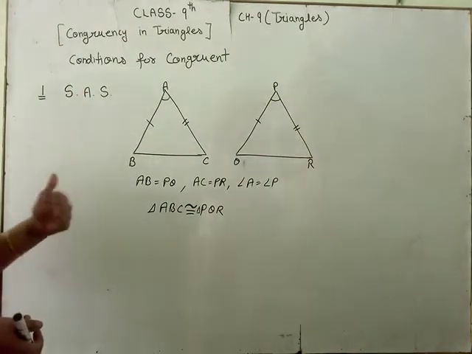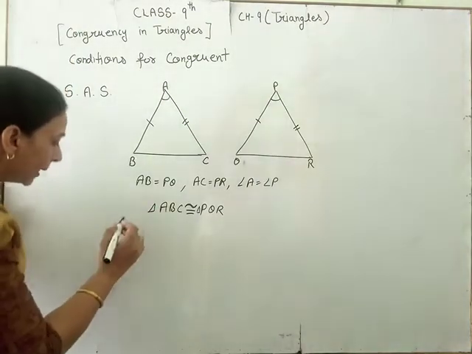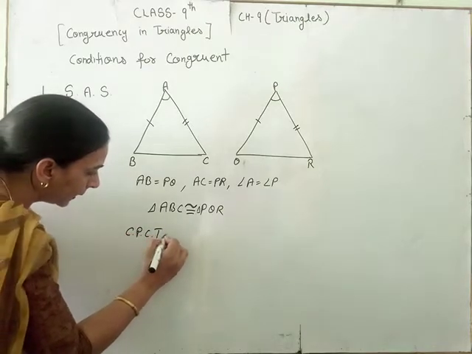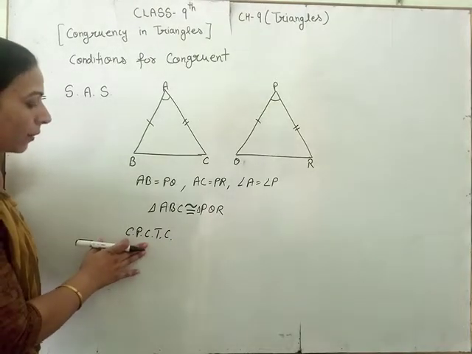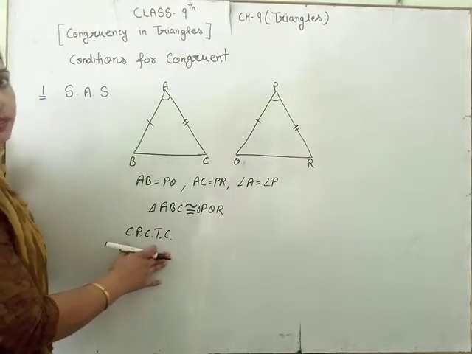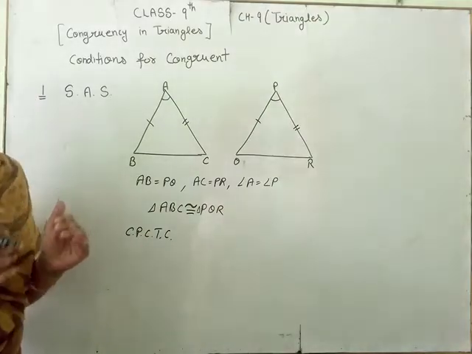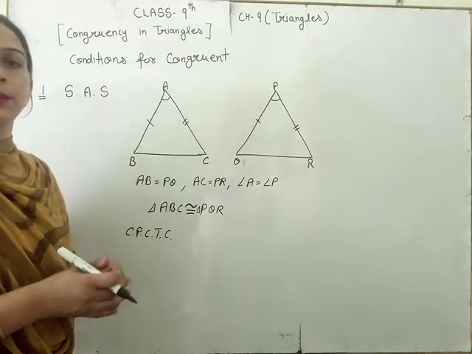And then, if two triangles are congruent, then by CPCTC, that means corresponding parts of congruent triangles are congruent. That means other parts of these two triangles are also equal.